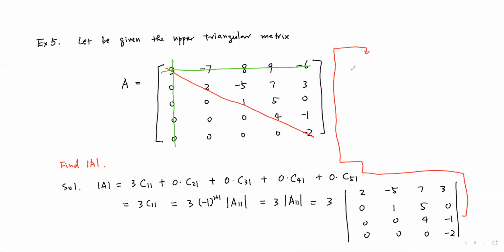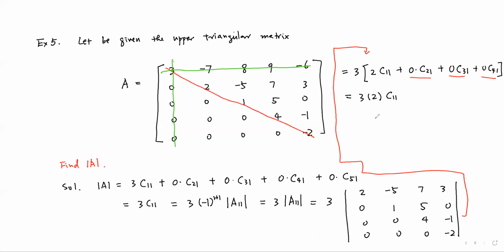Down the first column: A11, number 2, times capital C11, A21, 0, capital C21, A31, 0, capital C31, and 0 times capital C41. So these are 0 times a number, 0. So it is 2 times capital C11.